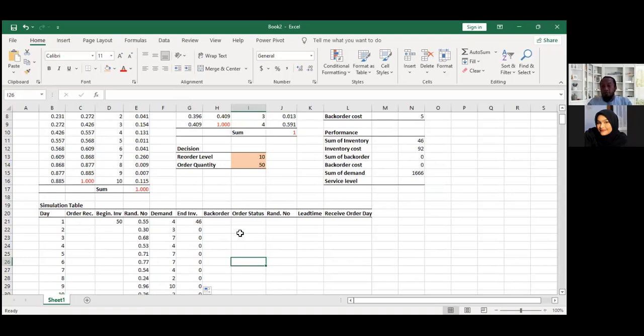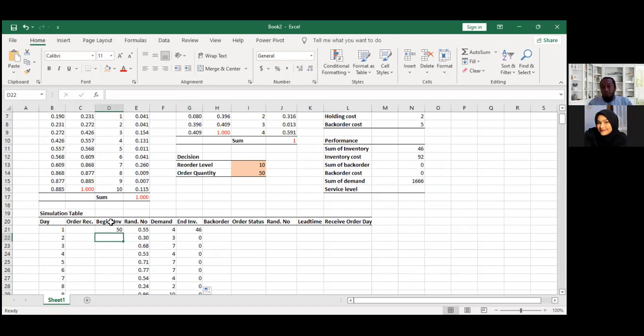Now for the second one, please be careful. For the beginning inventory, we need to consider the order received. For example, if we receive an order of 50 here, our beginning inventory will equal the previous ending inventory plus the order received.